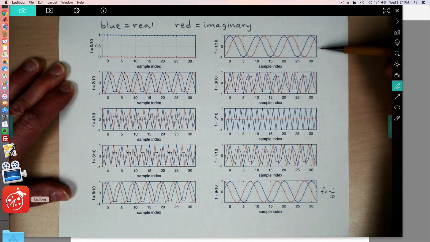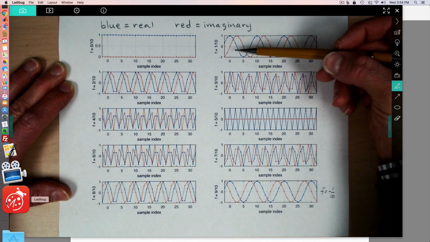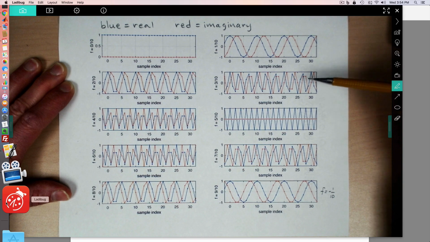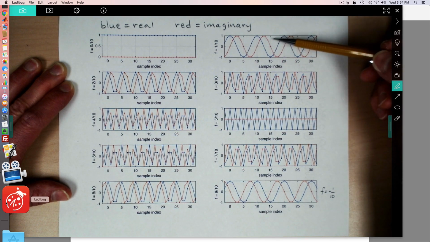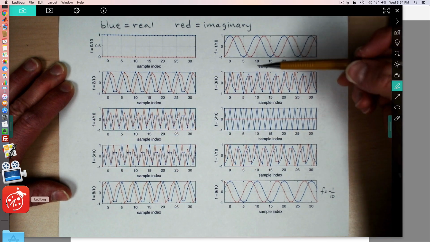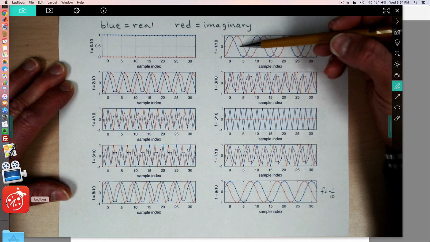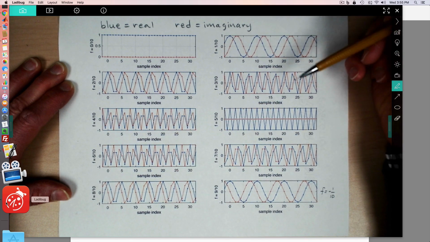So for the frequency plus 1/10 and the frequency minus 1/10, what's the difference between those two? Well, you can see here that for negative frequencies, the real part, the cosine, is the same as for positive frequencies, but the sign of the sine is different. Let's take a closer look at that. For positive frequencies, the sine wave lags the cosine wave by 90 degrees.